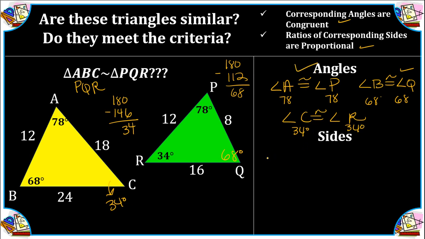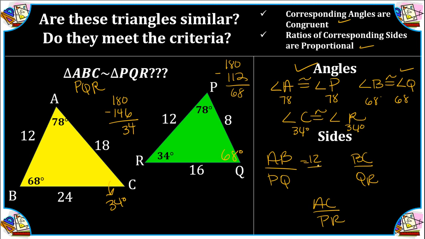Now let's talk about the sides. We're going to compare AB to PQ. We're going to compare BC to QR, and then we're going to compare AC to PR. So AB is 12, PQ is 8, BC is 24, QR is 16, AC is 18, and PR is 12.